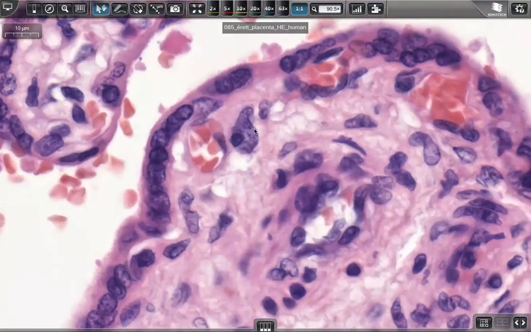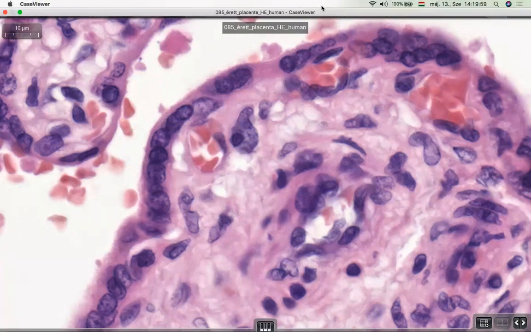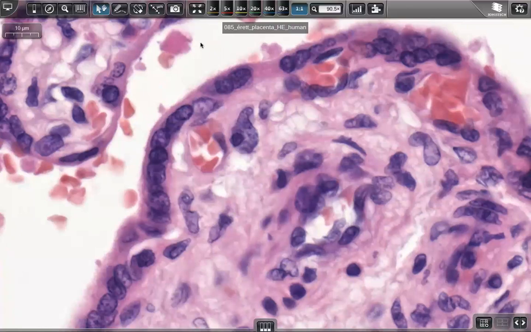Just a second, there is a really nice huge cell. It's different than the other mesenchymal cells. This is also a mesenchymal cell, but it's completely different. This is a macrophage called Hofbauer cell, the placental macrophage.